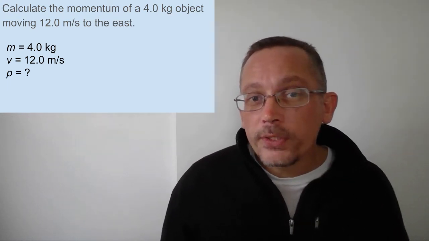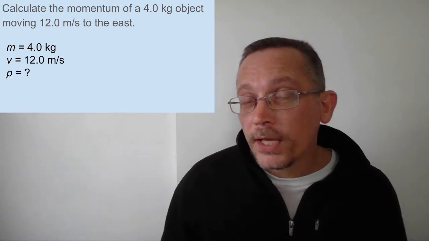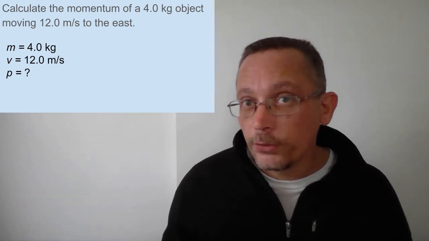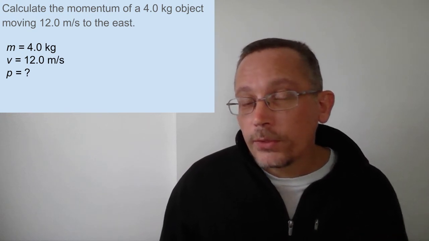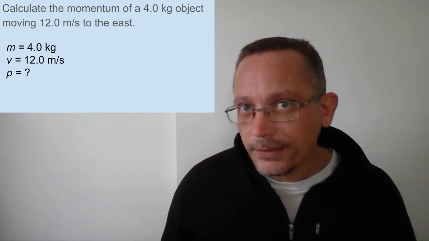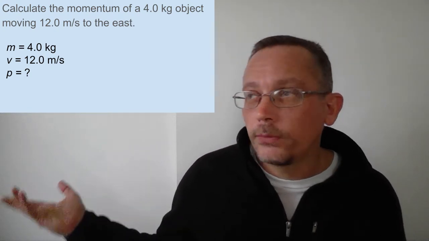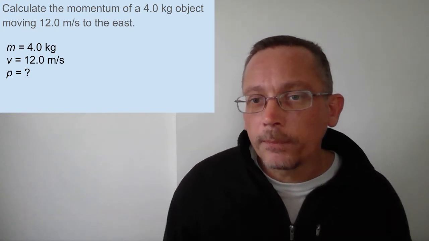I see 12.0 meters per second, which tells me that's a velocity, so v equals 12.0 meters per second. The question asks me to calculate the momentum, so p equals question mark. That's what we're looking for.